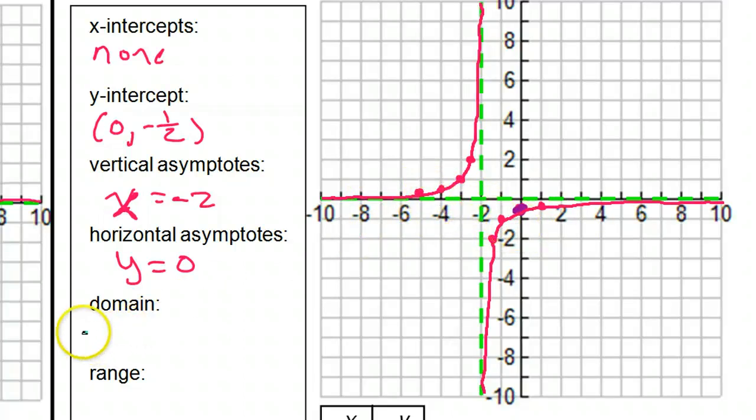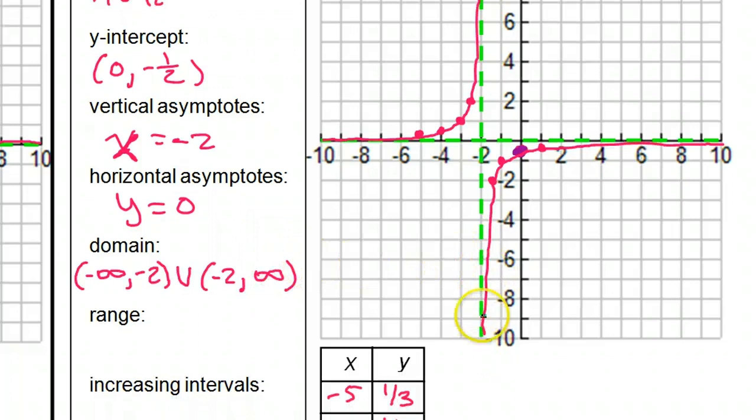So the left branch goes from negative infinity to an x value of negative 2. Of course, it never reaches negative 2 because it's the asymptote, thus the round parenthesis. Union. Now the other branch picks up from negative 2 and goes to positive infinity. So negative 2 to infinity.